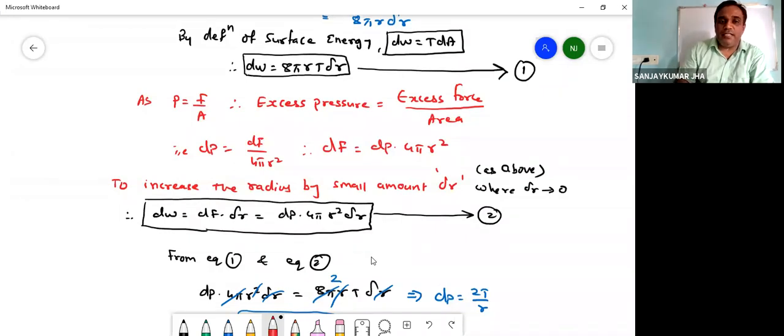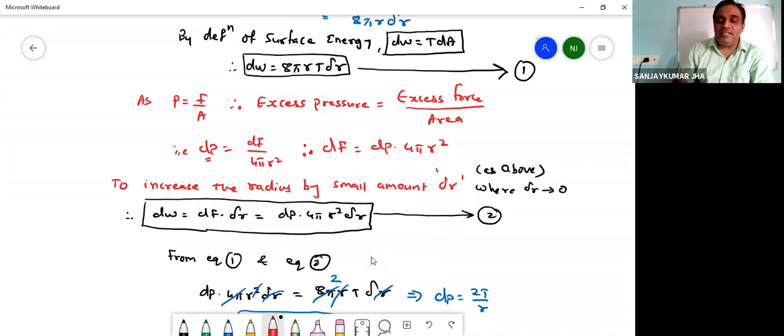The excess pressure is the excess force upon area. We take excess pressure as dP and excess force as dF, and our initial area is 4 pi r square. Therefore dF is equal to dP into 4 pi r square.